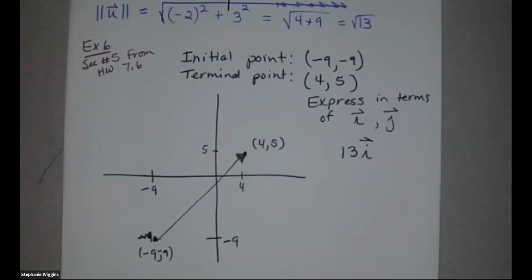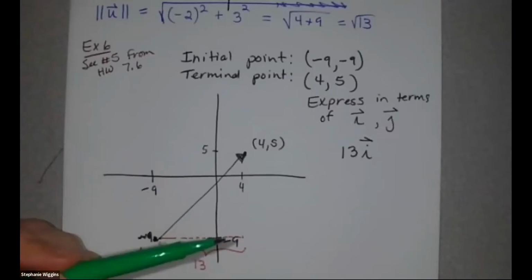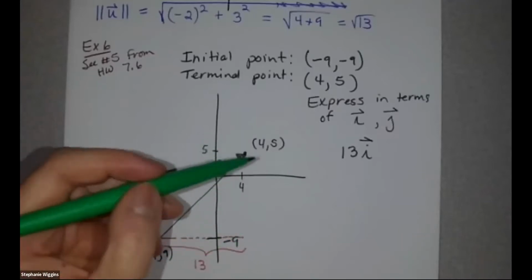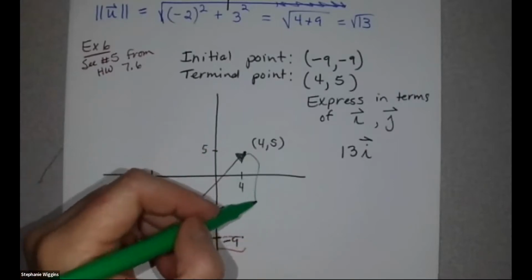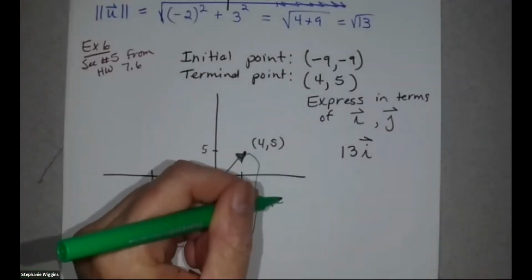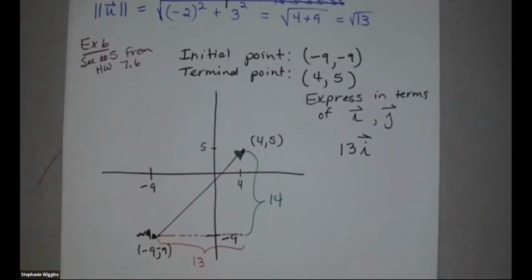And I'm just going to draw. So this is 13. And then we're going up 14 units, right? So down here, we're at -9 on the y-axis, and then we go up to 5. So that's a total of 14 units in the positive y direction.